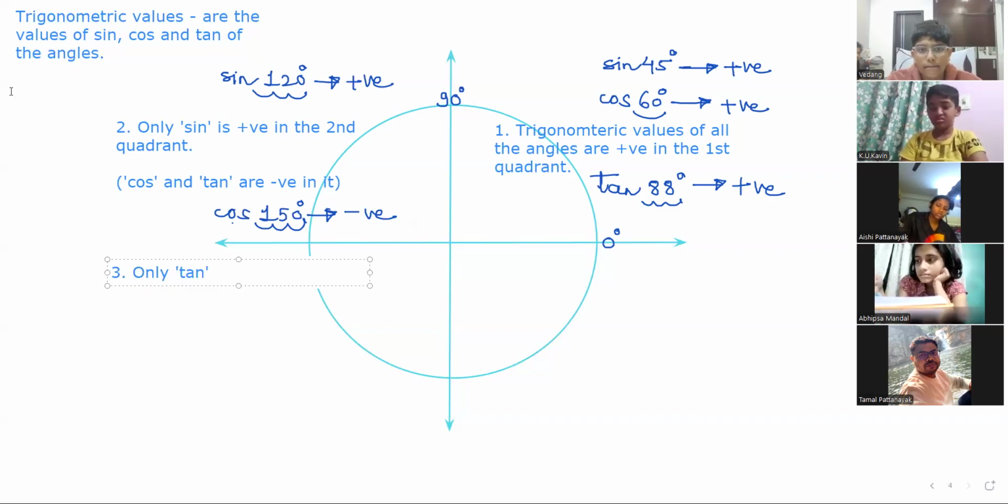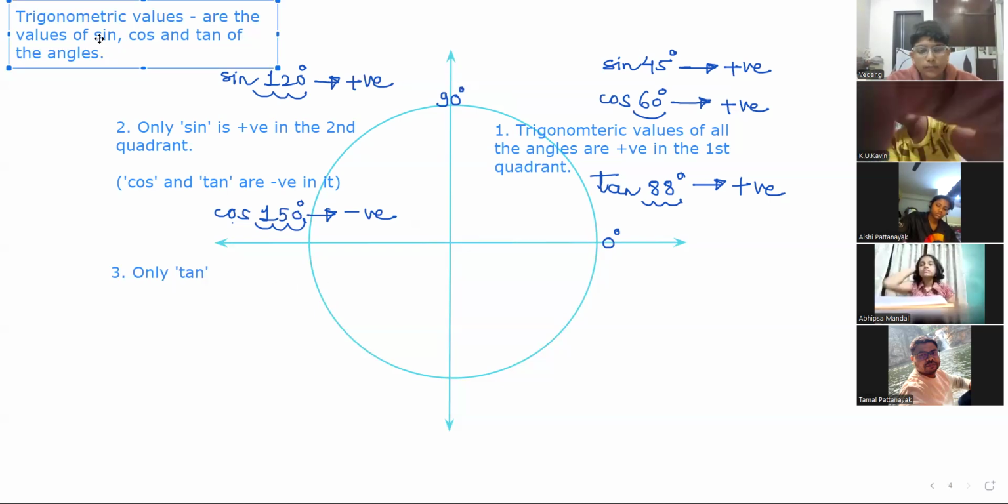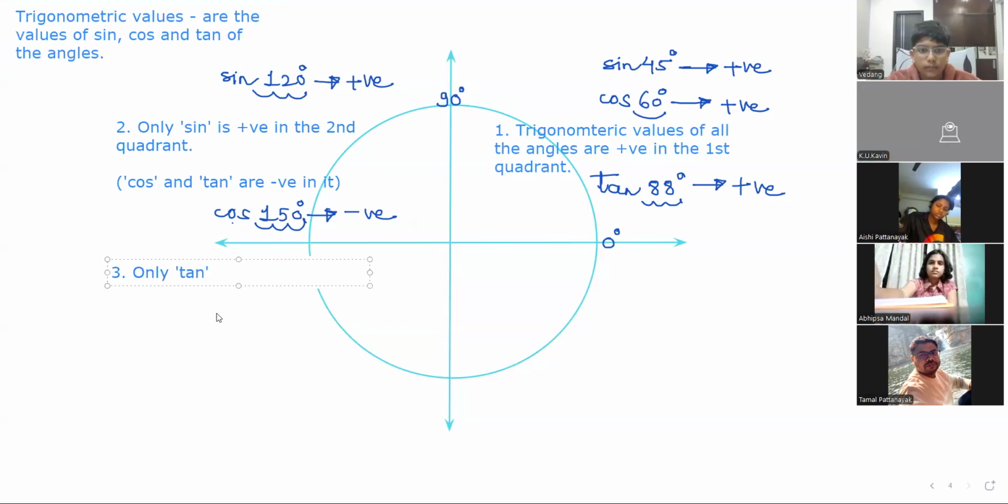What do I mean by trigonometric values? Only these values, sine, cos, and tan, for this segment. So only tan is positive in the third quadrant.